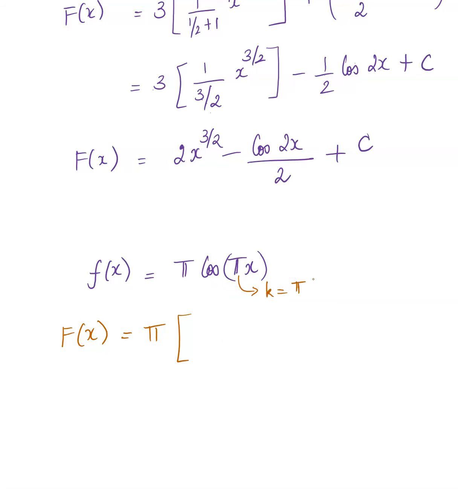K is a constant. It's a non-zero constant. It can't be 0, but it can be anything else. So k is pi here. 1 over cosine has 1 over k, so 1 over pi sine kx, so sine pi x plus c. Again, the pi's will cancel each other, so that gives us sine pi x plus c.